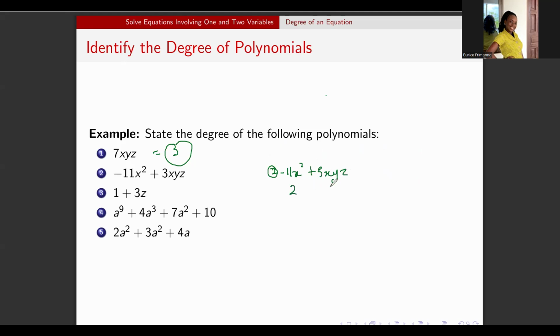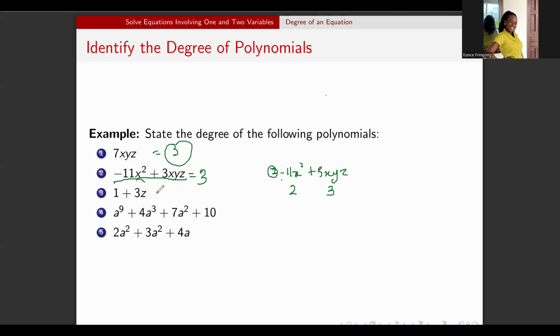The degree of the second term is 3. Now, how do you determine the degree of the whole polynomial? You're supposed to find the degree of the entire expression. You find it by determining the biggest number. So 2 and 3, the biggest number is 3. Therefore, we conclude that the degree of the entire polynomial is 3. So the degree of the entire polynomial takes on the degree of the term that has the biggest degree.